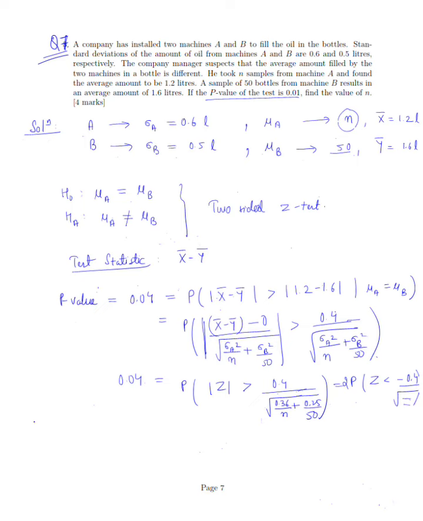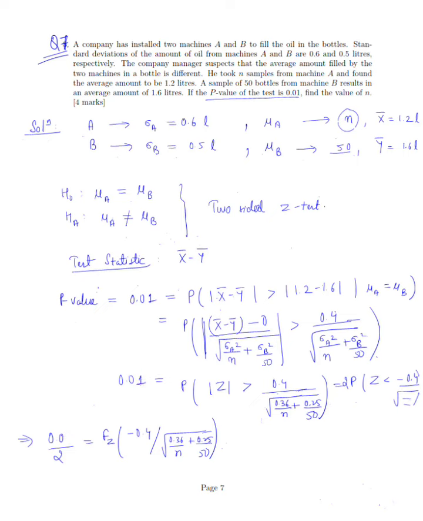Now just solve those equations. It will become 0.04 divided by 2 equal phi of minus 0.4 divided by the square root of 0.36 by n plus 0.25 by 50. You take phi inverse on the left hand side. Sorry, the p value of the test was 0.01. Make it 0.01.